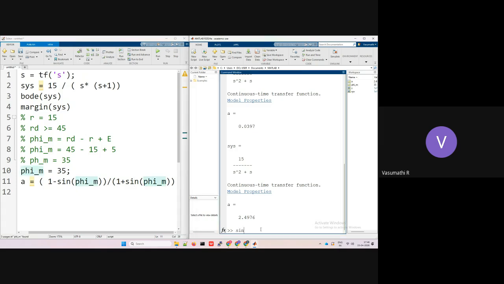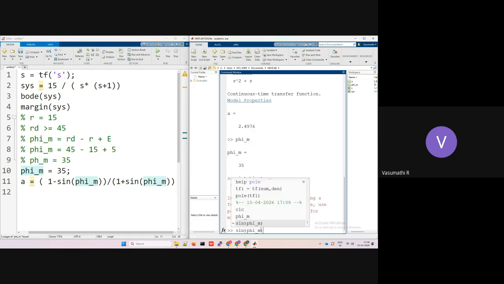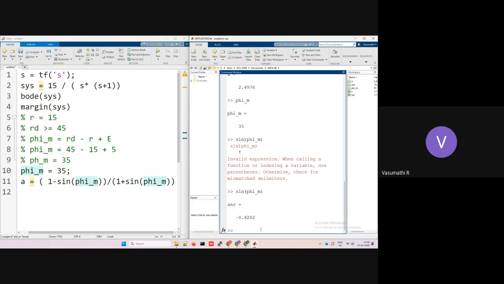What is sine of phi m? Sine phi m is minus 0.42. 1 plus 0.42 divided by 1 minus 0.42.